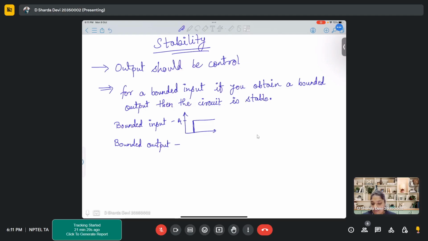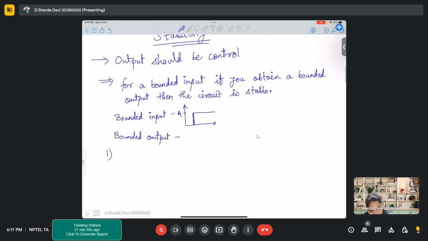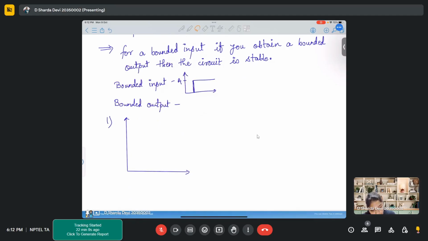Okay. Now, when we observe, for this type of input, the possible outputs that you can obtain lead to different types of stabilities and corresponding circuits, right? So when you have this type of step input, the first case for your output can be, let's say, a unit step input.